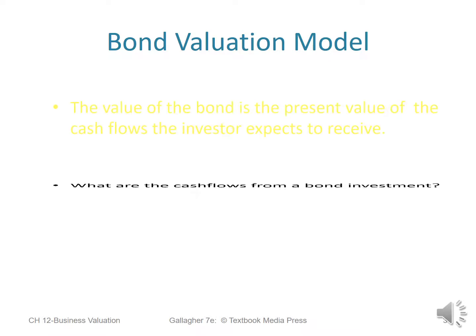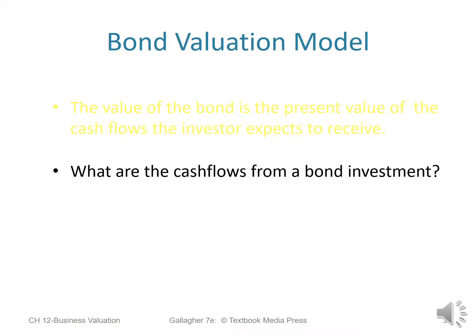Bond valuation model. The value of the bond is the present value of the cash flows the investor expects to receive. What are the cash flows from a bond investment?